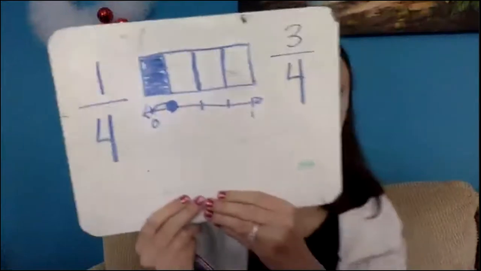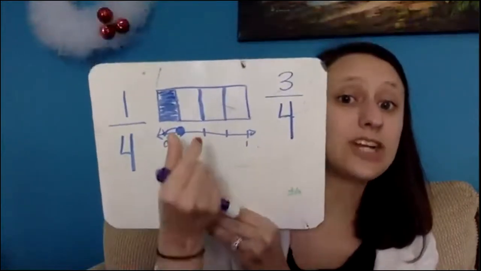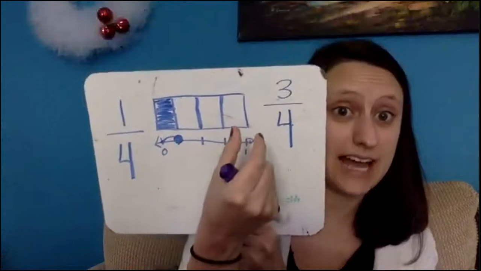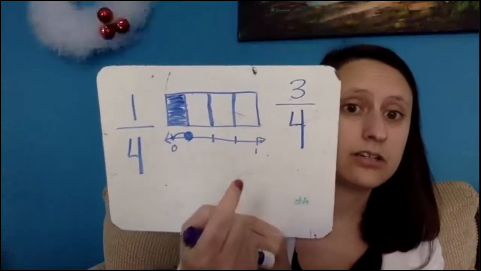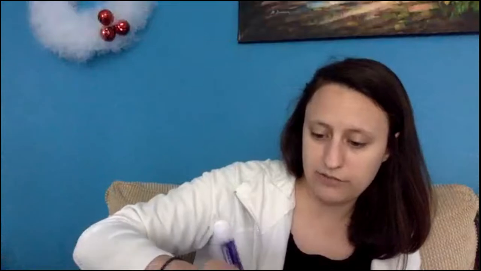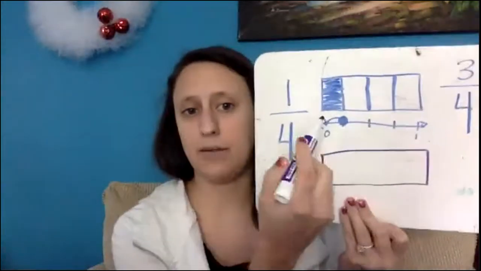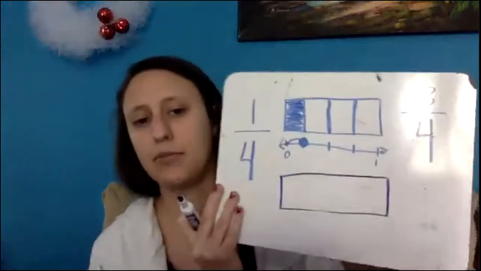You're right. And so if our denominators are the same, that means our pieces are going to be the same size, right? So if we bought 2 candy bars, same size candy bar. Okay, I'm going to do 3/4 on the bottom here. So this is your candy bar, and this is going to be my candy bar.